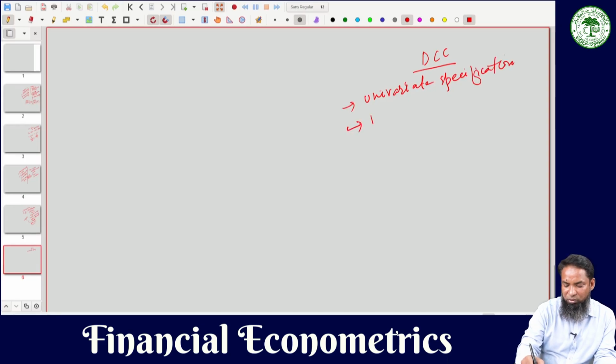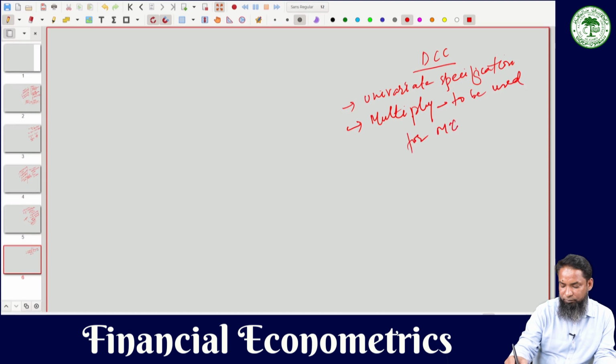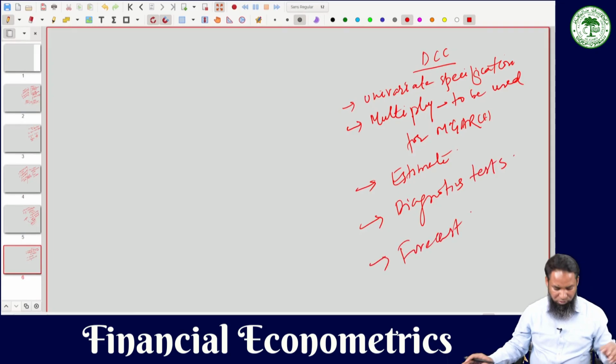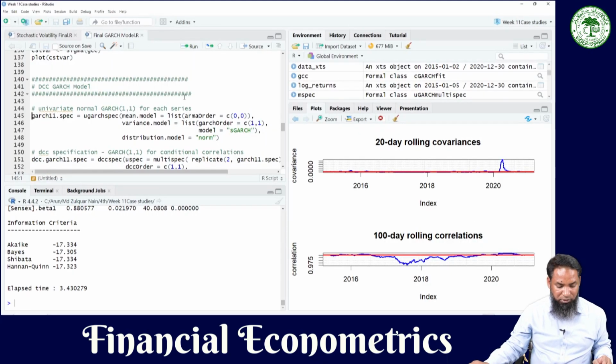Then we will multiply those specifications to be used for the multivariate GARCH model. Third, we will use this specification to estimate the model. Then we will see certain diagnostic tests. Then we will use the forecast model.